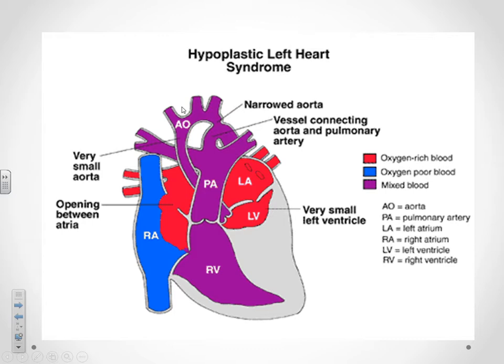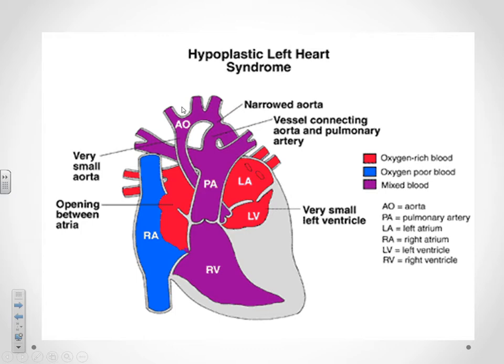This used to be a death sentence. There used to not be anything we could do for them except, when they're born, comfort care until they pass away. They have developed surgeries. It's a 3-stage surgery. I'm not going to ask you the surgeries. I think the surgeries are in your book, but don't try to memorize them.